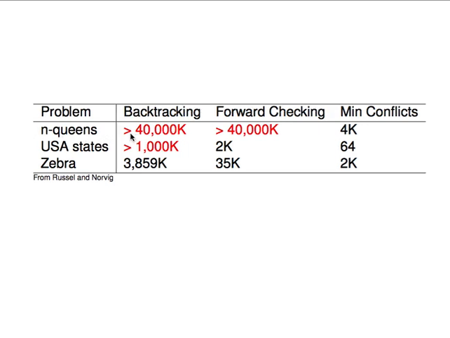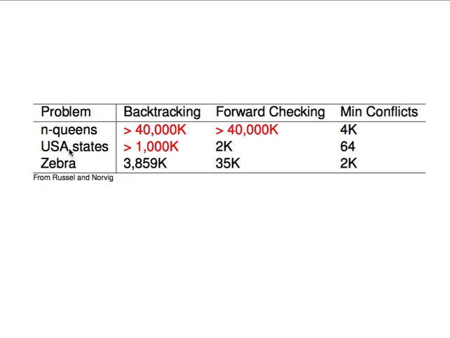With just backtracking, it went over 40 million iterations, and it could not find the solution. That's why it's in red. Using forward checking for the same problem, again it gave up over 40 million iterations without finding the solution. Now using minimum conflicts, it took only 4,000 iterations and it found the solution to all n-queens puzzles from 2 queens to 50 queens.